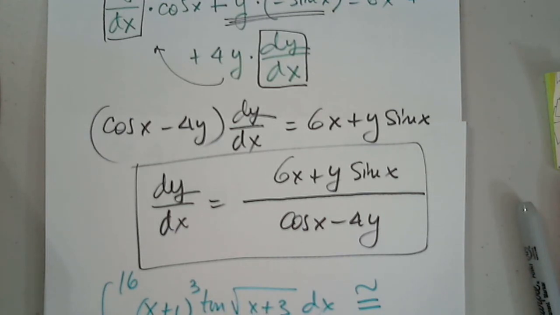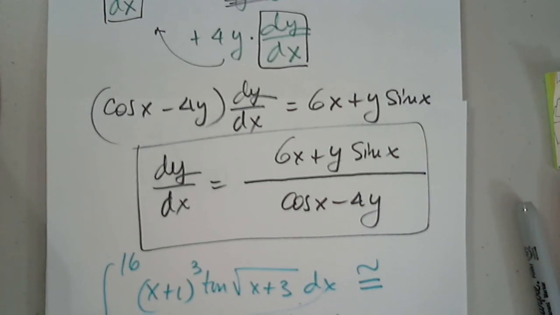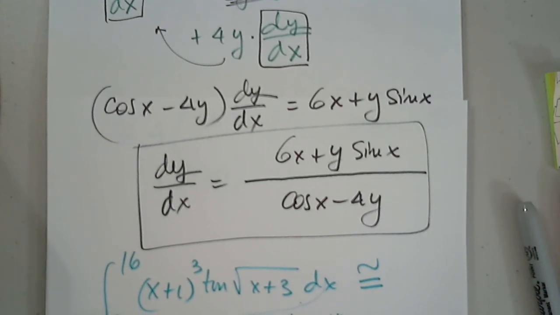So what I would have done with this function, I would have gone to list, edit, clear my lists. In list L1, I will enter 2, 6, 10, and 14. And in list L2, I will highlight list L2.